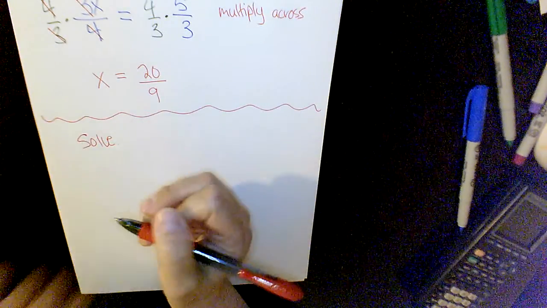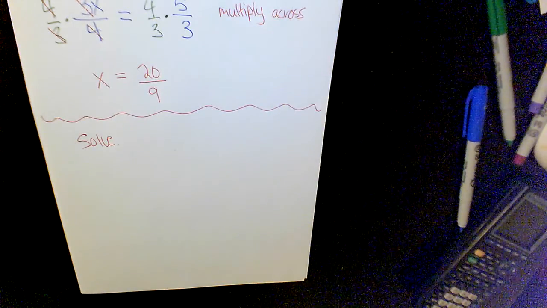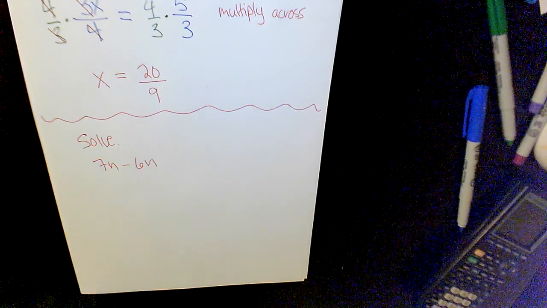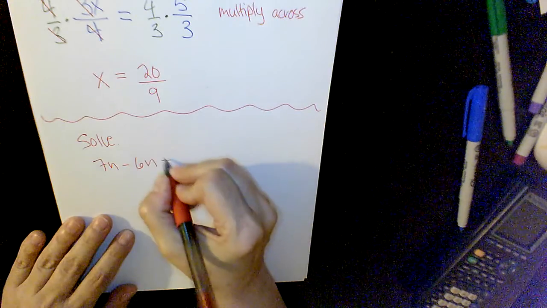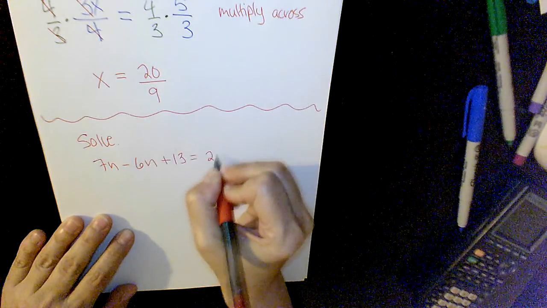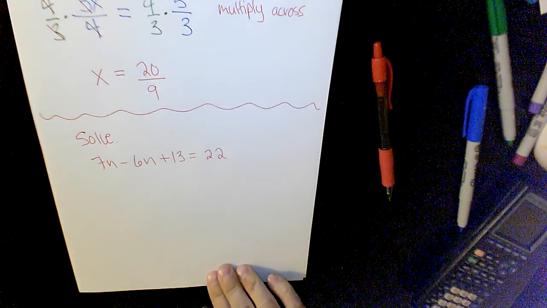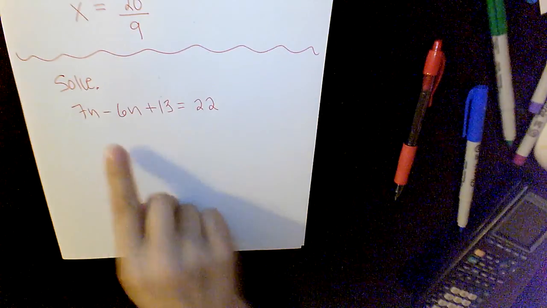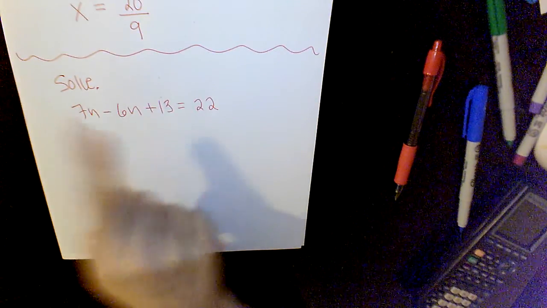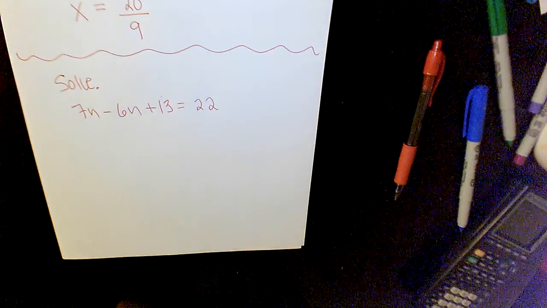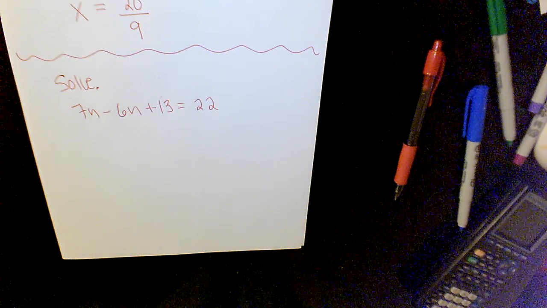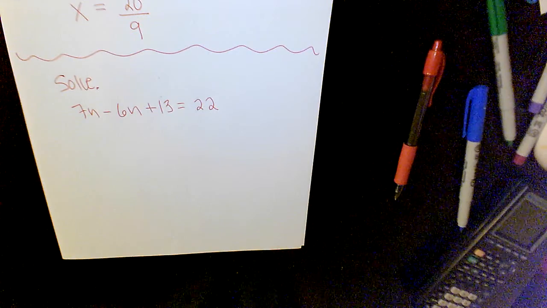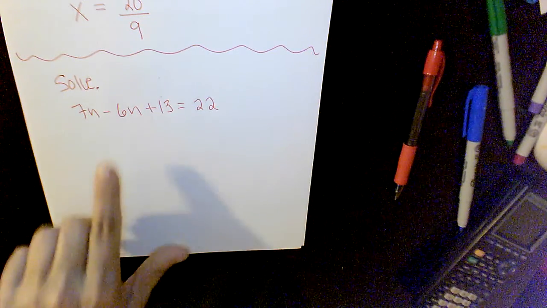And they also give you in this section some other problems, and I just want to make sure that you can do a few of these. So what if it'll say solve, and here I'm solving for n. Last problem I was solving for x, now I'm solving for n. So let's see. What I want to do first is, can I combine any like terms on this left-hand side?